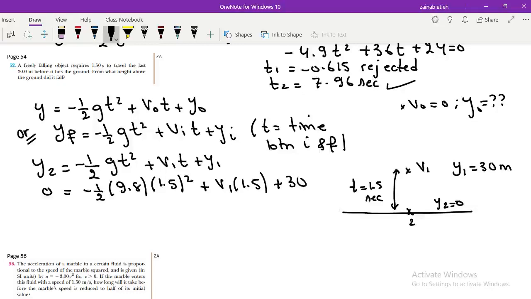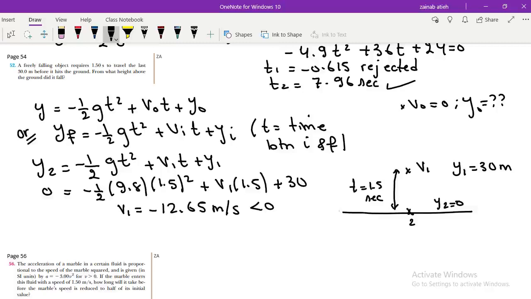I will get v1 is equal to, I've calculated it, minus 12.65 meter per second. It is negative, meaning it's moving downward. This is correct because it moves from v0 to 1 and then goes to 2. Okay, so apparently physically it's true.